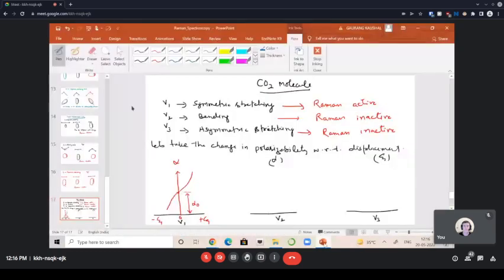We have alpha here, positive zeta here, and negative zeta here. The change in this coordinate is the change in the angle, because you are bending the molecule. Here the equilibrium polarizability is alpha naught. When you change the angle, you can see here in the second case.